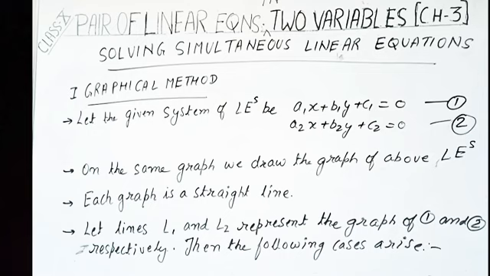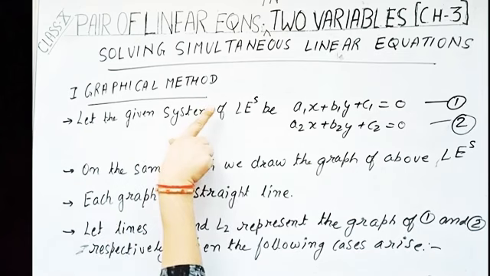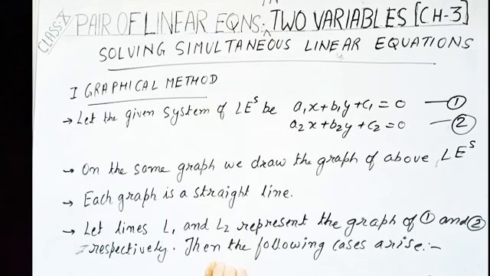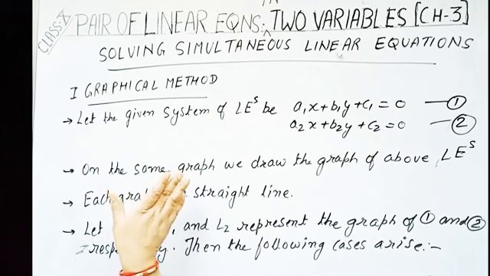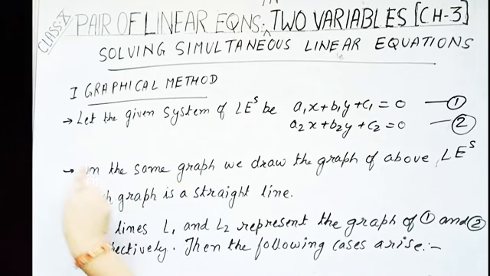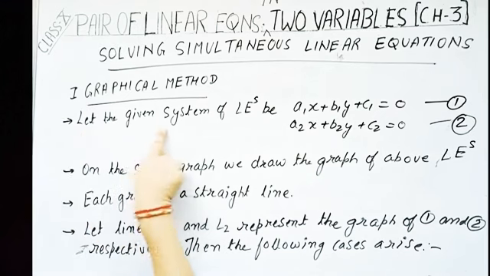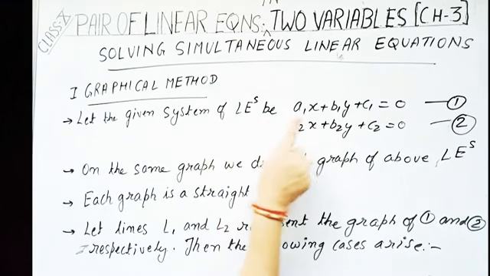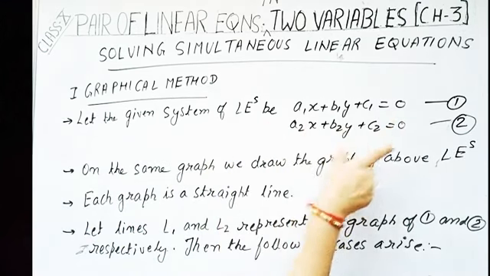Coming to the next section, children, let us know how to solve the simultaneous linear equations. In this chapter we will learn two methods. The first method is the graphical method and the second method is the algebraic method. In the graphical method, I have explained the steps here. Step 1: let the given system of linear equations be a1x plus b1y plus c1 equals 0 and a2x plus b2y plus c2 equals 0.